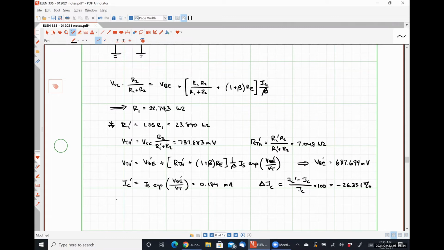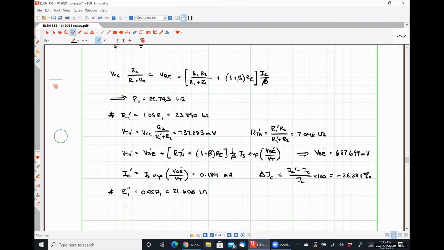Let's see what happens if we decrease our resistor value by 5%. So that would mean that we would have 0.95 R1, which I get to be 21.606 kiloohms.